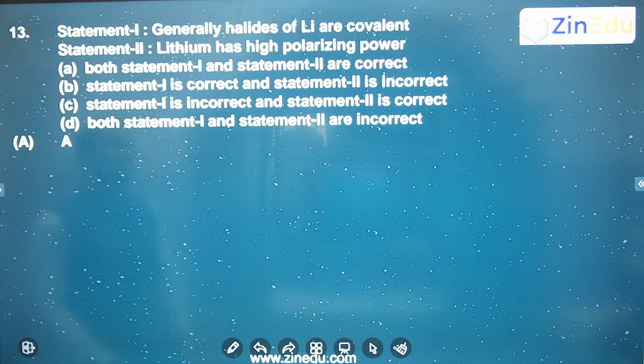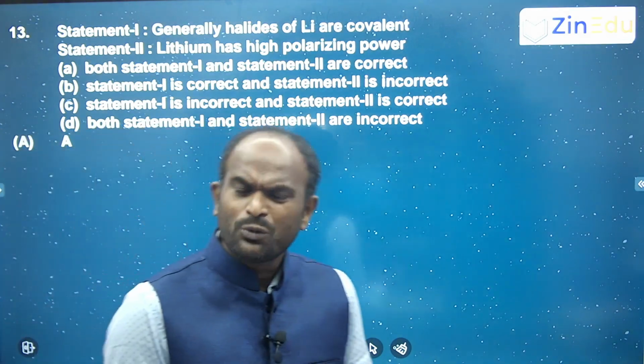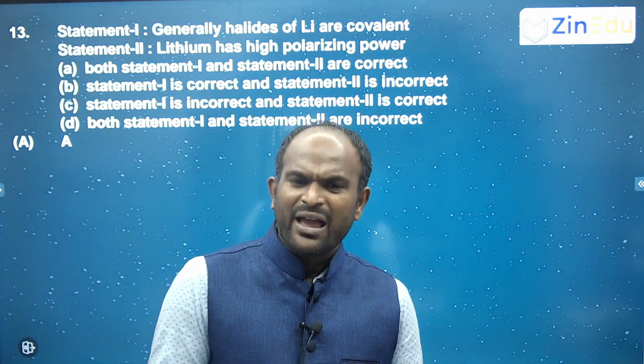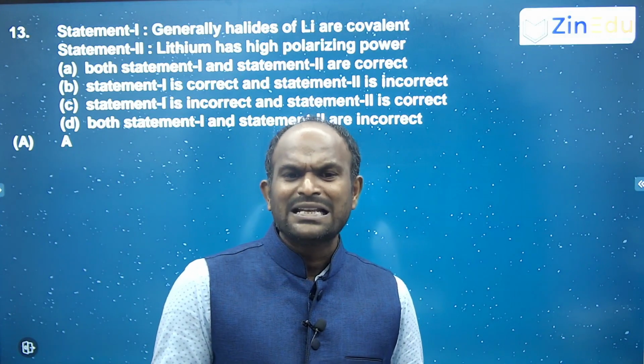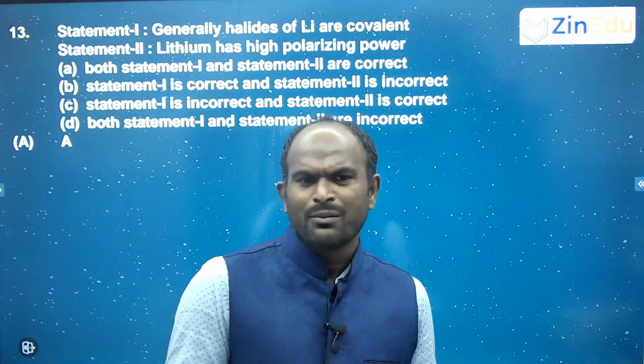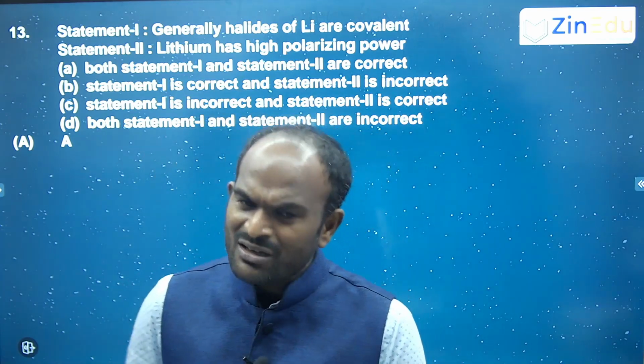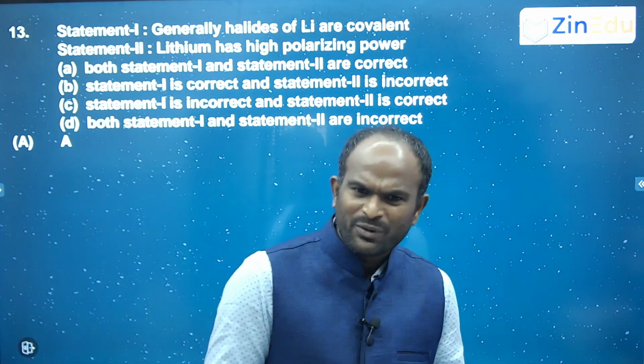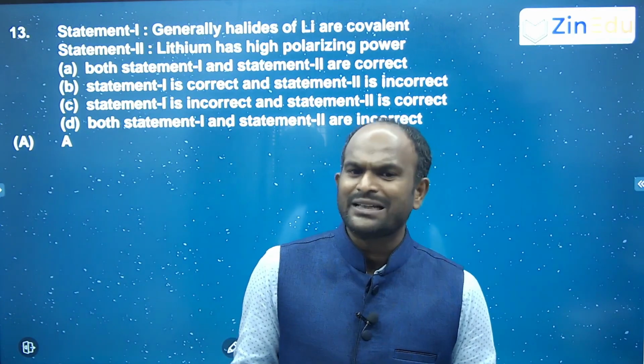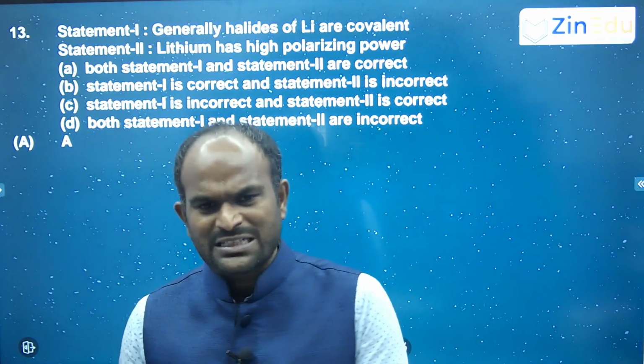Generally, halides of lithium are covalent. Absolutely true. Lithium, being a smaller atom, has more covalent nature and more polarizing power. Because of that, almost all its halides are covalent in nature. Lithium carbonate, because of the polarizing power, does not exist; it is easily converted to Li2O as well as carbon dioxide.